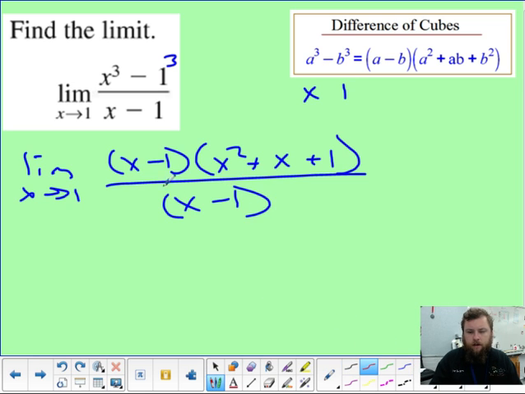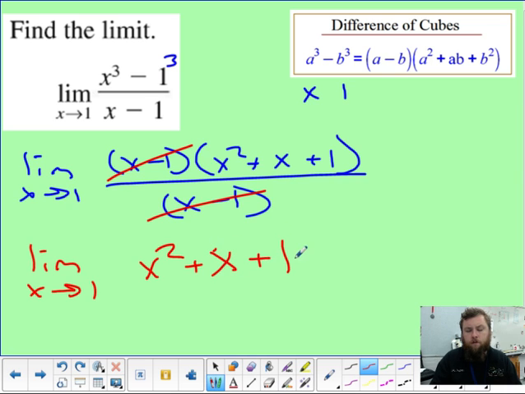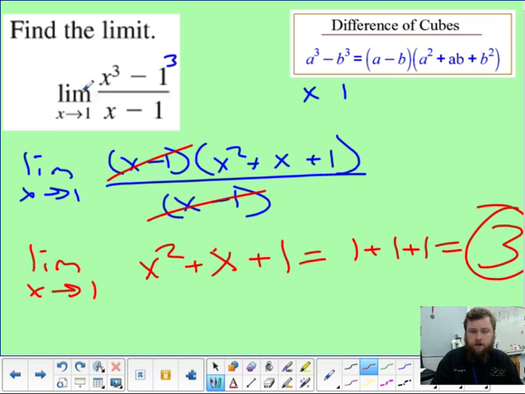And what cancels out here? These x minus 1s. So what you have here is the limit as x approaches 1 of x squared plus x plus 1. This is going to be the same as the original. I plug that in. That becomes 1 plus 1 plus 1, which is 3. So the limit of this original function up here is just 3.